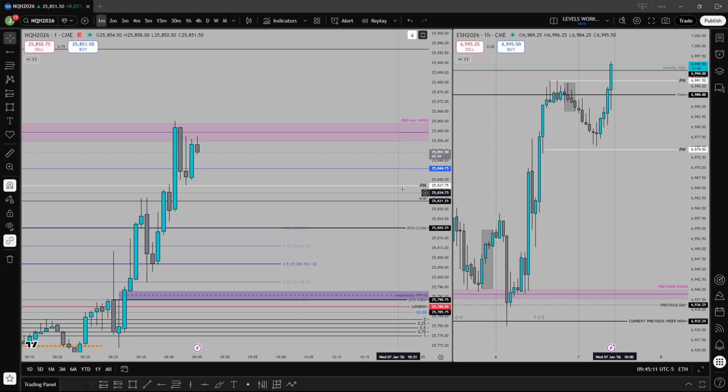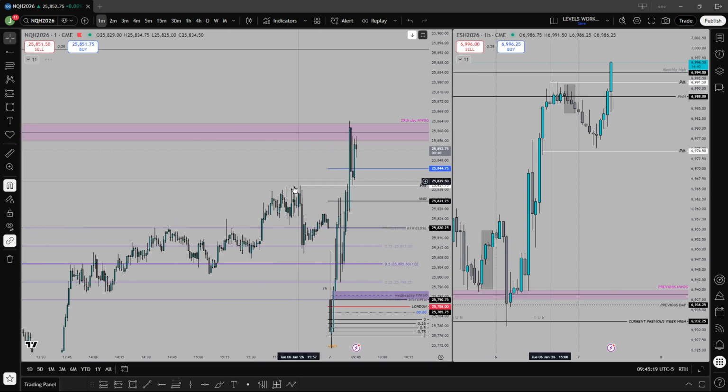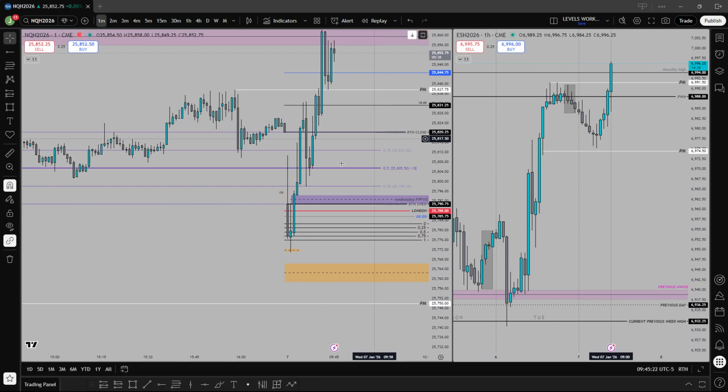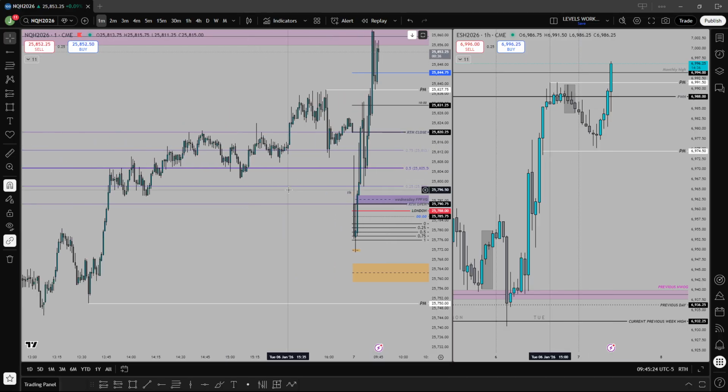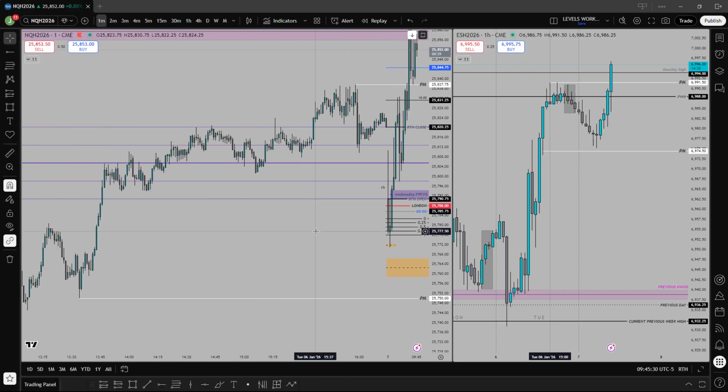We are above PM session liquidity of the previous day. Here, we didn't actually take any low. It's just we opened pretty down.